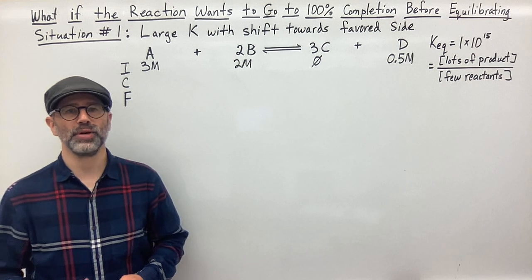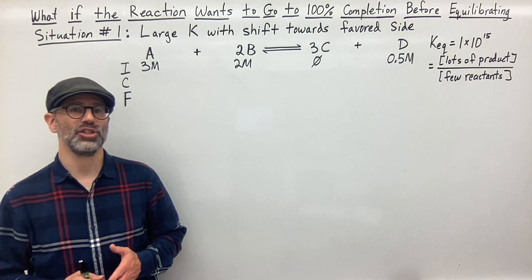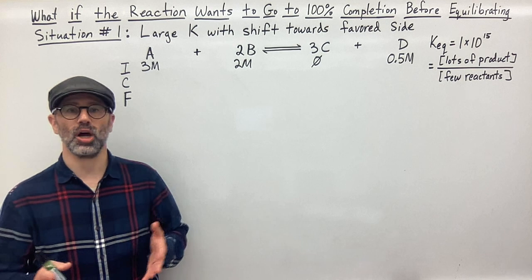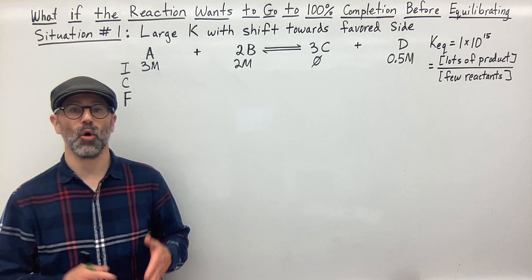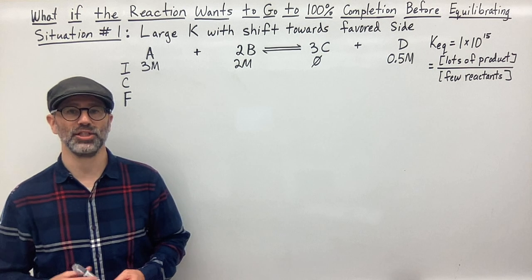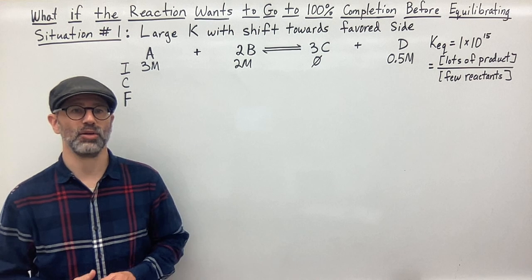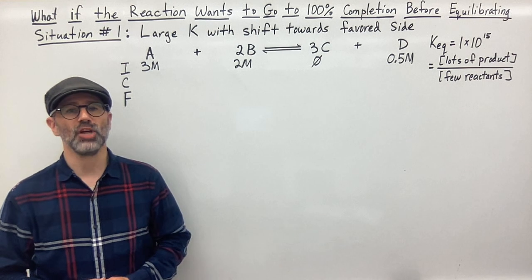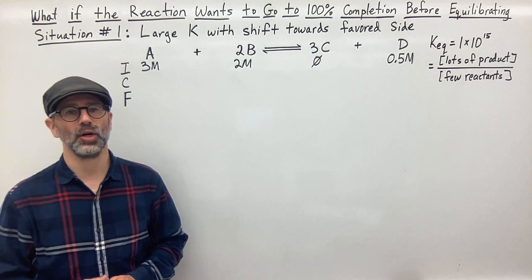But what about those reactions in which the shift is so large that the reaction wants to go 100% in that direction before you equilibrate? That's the situation I want to go over now.